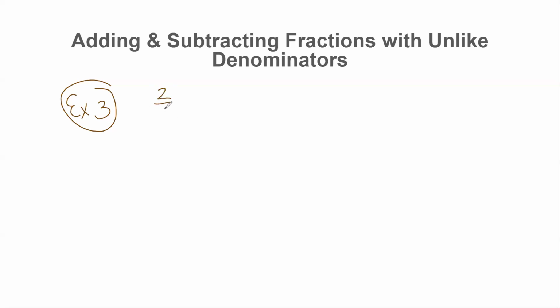I'm going to go back to horizontal. Again, if you don't like the horizontal, feel free to change it to vertical. Let's do 2/4 plus 1/3. So you're going to go through your times tables for 4 and 3, and those can both change to 12. So I'm going to actually just write it below. I'm going to change both of them to 12 because that was the first number in both of those times tables.